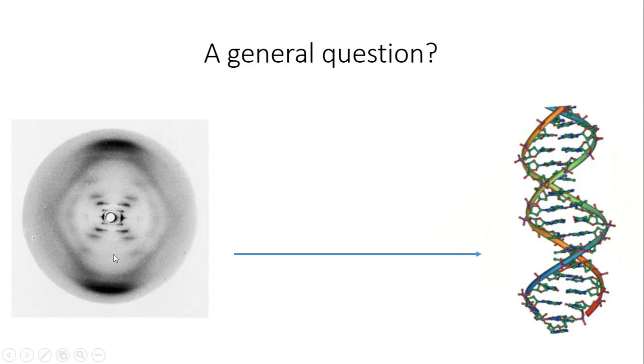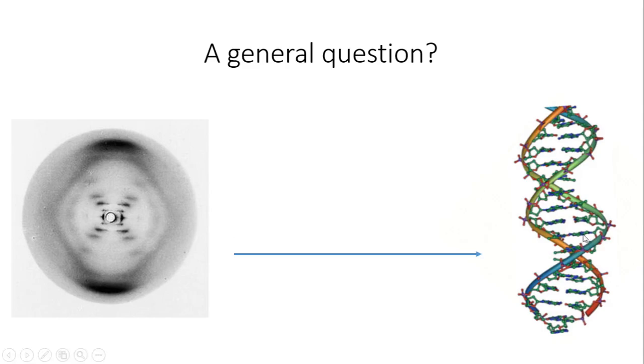This is called Photo 51, and this represents the diffraction pattern that was obtained by Rosalind Franklin back in the 1950s. Based on this diffraction pattern, it became possible to deduce the structure of DNA.